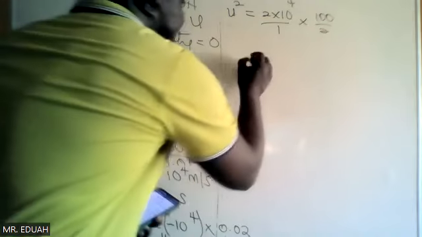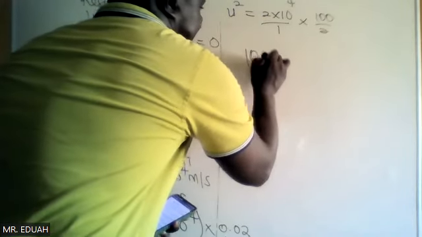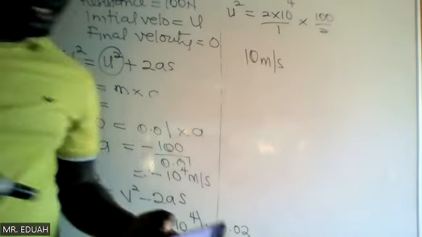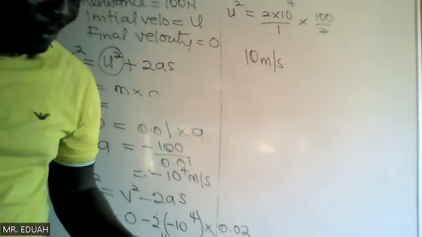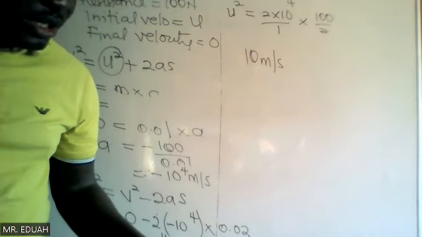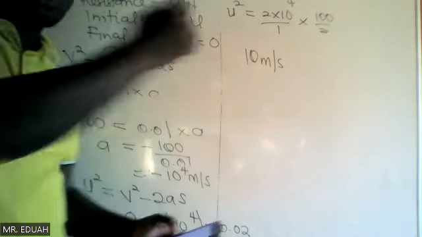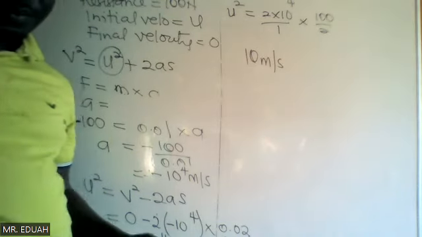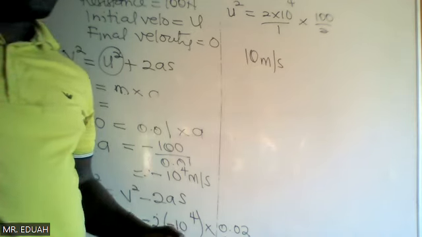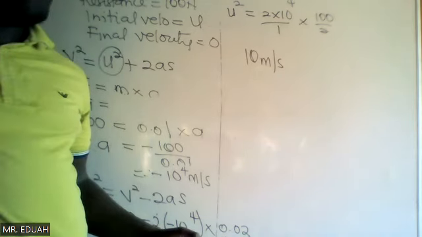Assuming my starting velocity is 10 meters per second, and I'm told that the velocity is decreased to 50%, what will be left? 5 meters per second. Exactly, 5 meters per second.